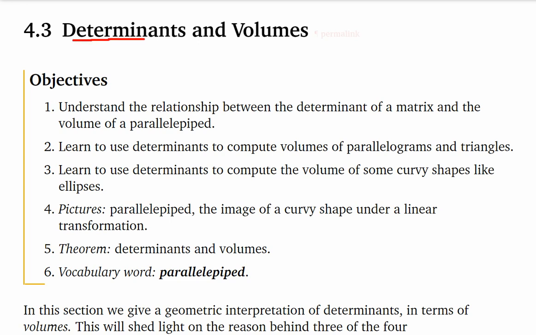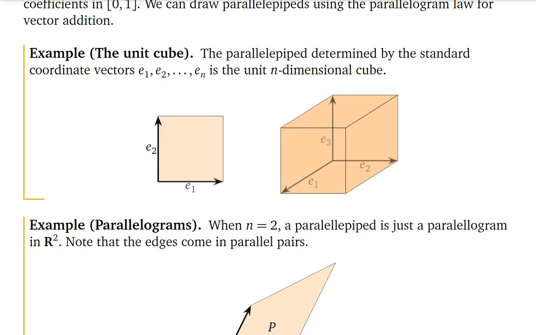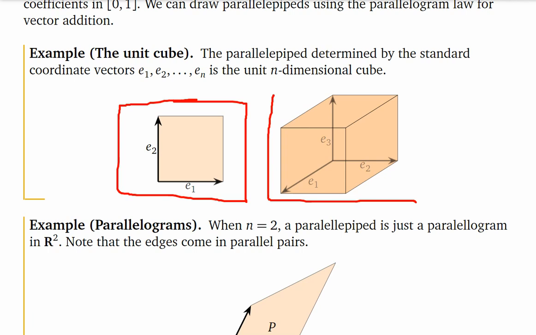the conceptualization of what it means to be a determinant, and it's all based on these volumes. So the visualization of what's happening, you always start with either a unit square or a unit cube, and then you can see what the linear transformation does to that.